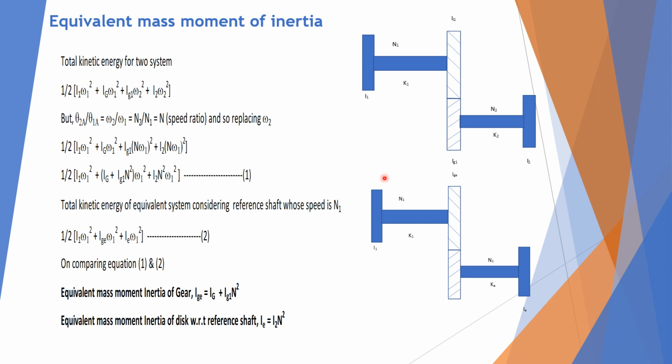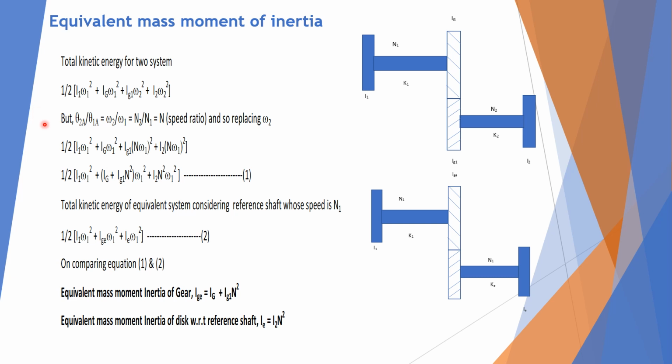For converting to the equivalent system, the speed of both rotors is considered as that of the first rotor, that is n1. Now the total kinetic energy of the two systems is conserved, or the same, so we can write half of [I1 omega 1 square plus I capital G omega 1 square plus I small g1 omega 2 square plus I2 omega 2 square].